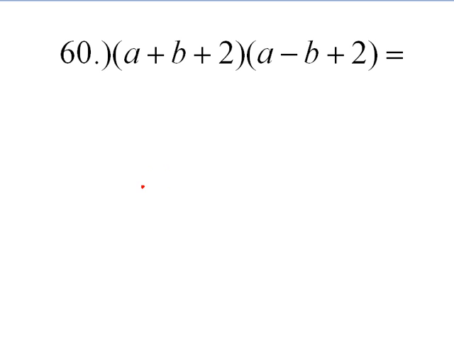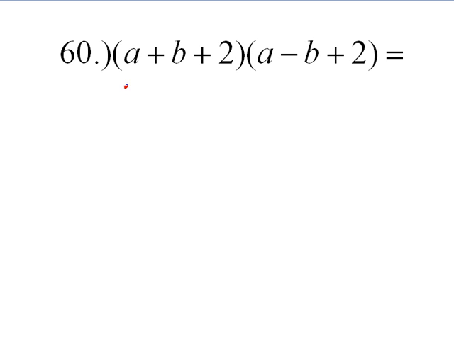Oh, I don't like this one at all. Let's see. We've got a plus b plus 2 and a minus b plus 2.